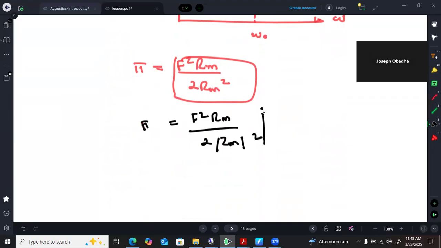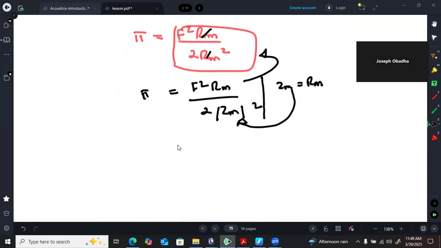But we have found that at maximum power, Zm equals Rm. So at maximum power, we can substitute the Rm here so that we have Rm squared. You can see one of the Rm would cancel so that we have P equal to F squared over 2Rm.